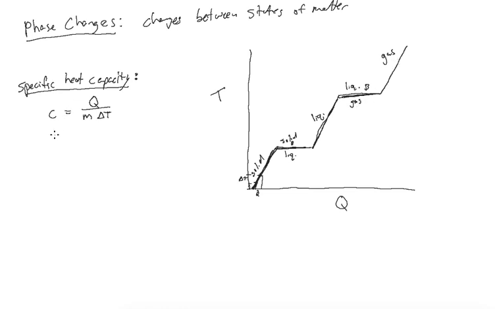Well, what about during these times where the temperature isn't changing? We can't divide by zero, and so what we come up with is something else called the latent heat.